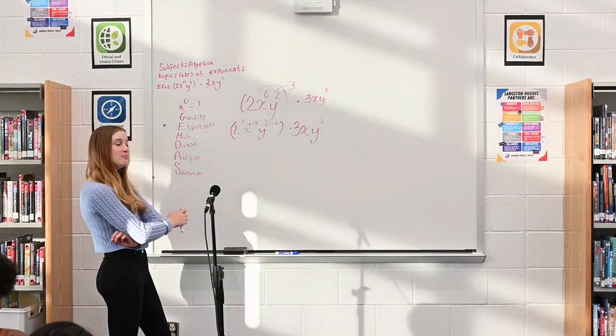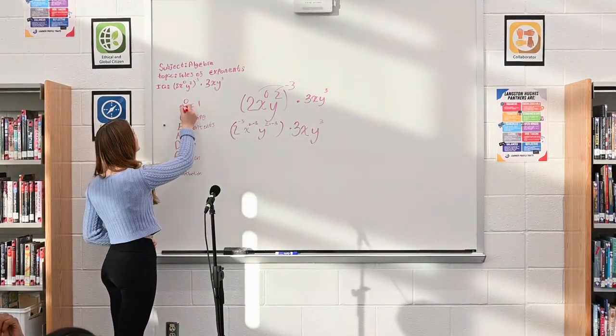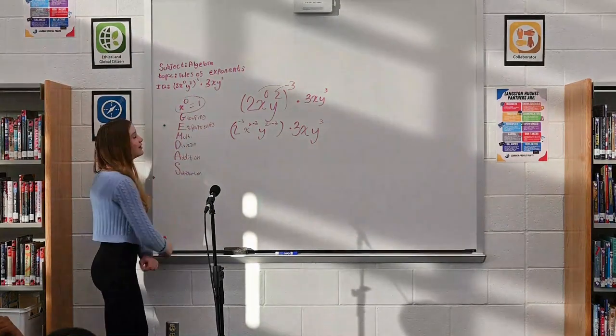What is the zero power rule? Anything to the power of 0 equals 1.